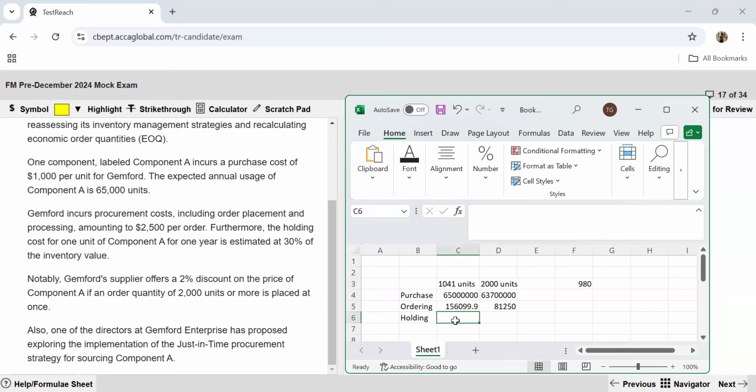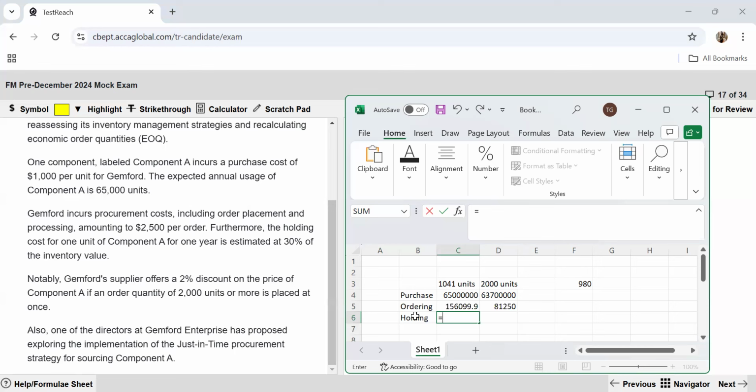Now let's have a look at the holding cost. Holding cost is how much money you are going to spend annually to hold the inventory. So it is going to be the average inventory multiplied by the cost of holding 1 unit per annum. How much is going to be your average inventory? Average inventory is always your order size divided by 2.